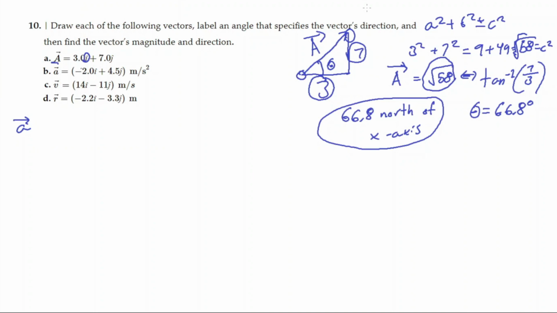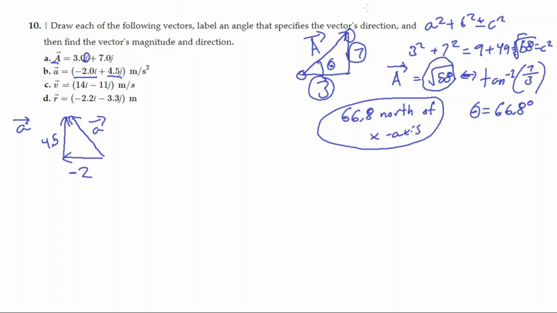So for this acceleration vector, the two components we're given are -2 for the x component and 4.5 for the y component. So let's draw -2. -2 would be to the left. And then the y component is going to be 4.5 up. So 4.5. And now we just connect the two, in which this is going to be our a vector. So the a vector is pointing left and up.